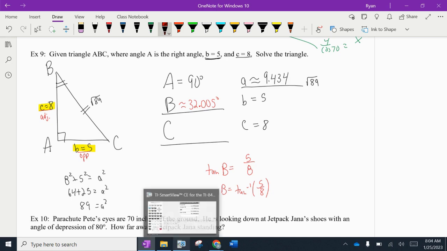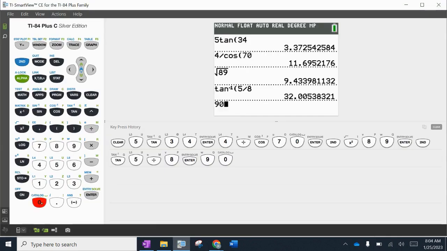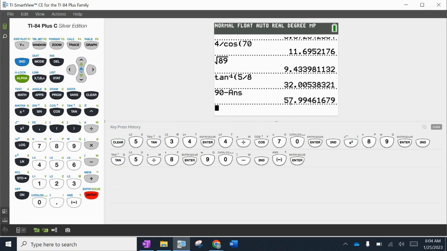Take 90 minus that, right? So on my calculator, I could do 90 minus that second answer. I don't really want to type all that in. And eventually we'll be having to use these values going forward, so I don't want to round it at all. So I'll just take 90 minus that answer, 57.995.